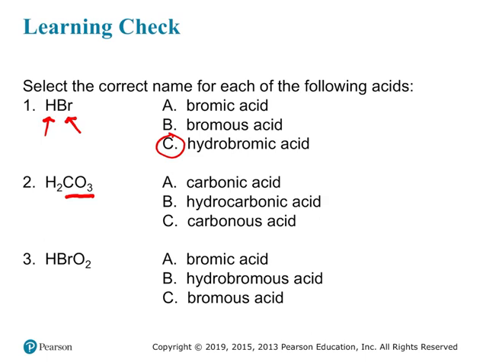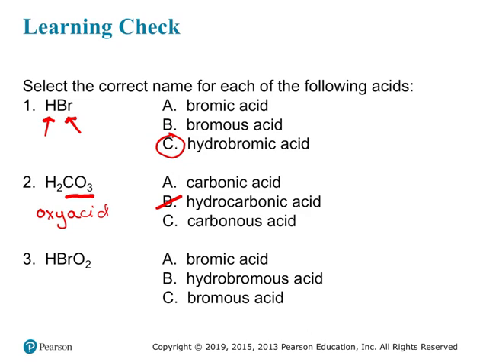So we don't have a single nonmetal, and this also isn't cyanide, which is the other binary acid. So we don't use the prefix hydro here. So this is one of our oxy acids. Okay, so then it's down to carbonic acid or carbonous acid.